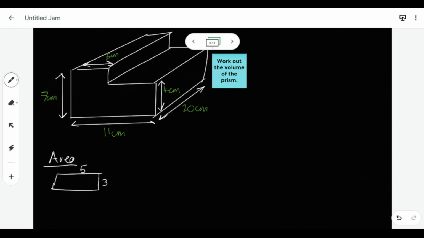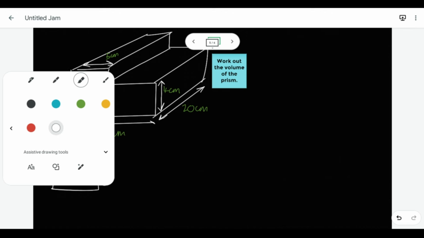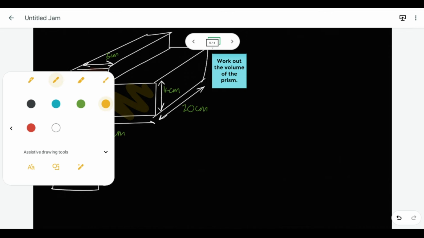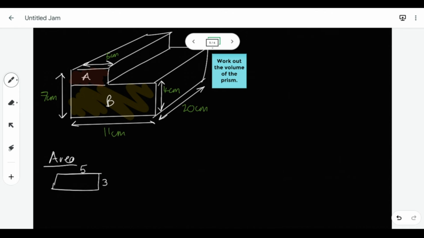So I would call this shape A. And I would call this shape B. Okay, so this is shape A. For shape B, it would just be 4 times by 11. Okay, so 4 by 11.